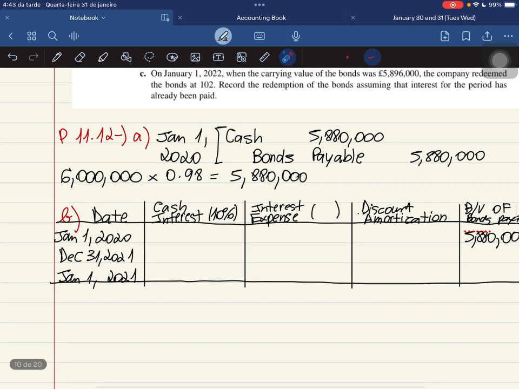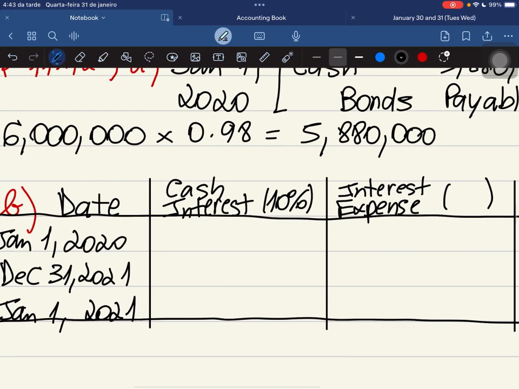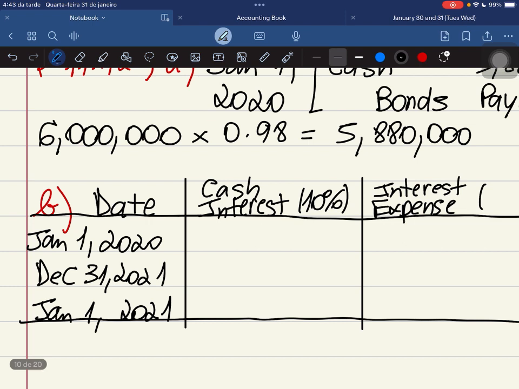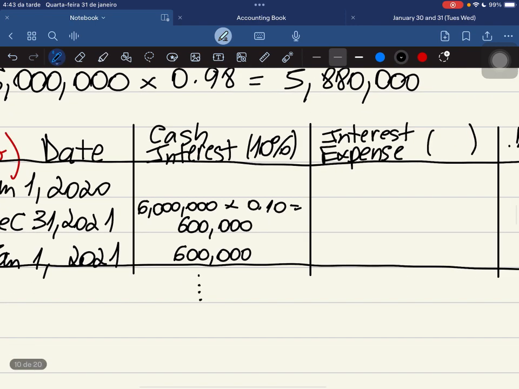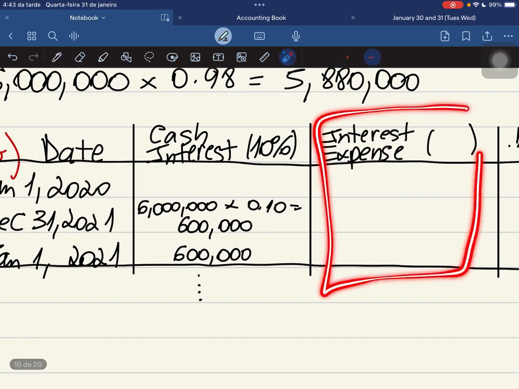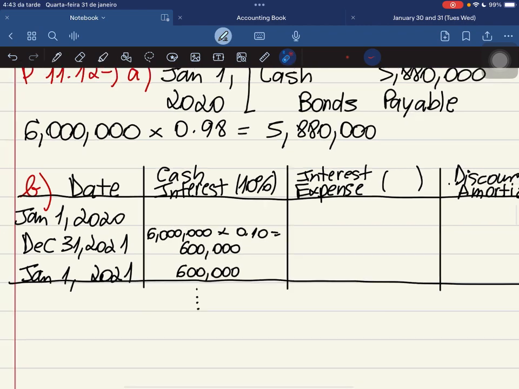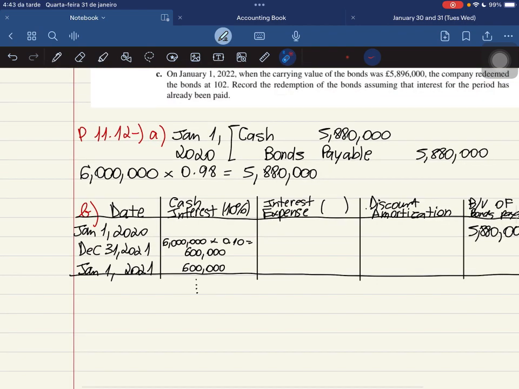The cash interest is the one that doesn't change. We calculate it by having the face value times the contract rate, and that would give us 600,000 for all of the remaining years. This number would not change. This number would change, but since we don't have the percentage, there is no way for us to calculate it.